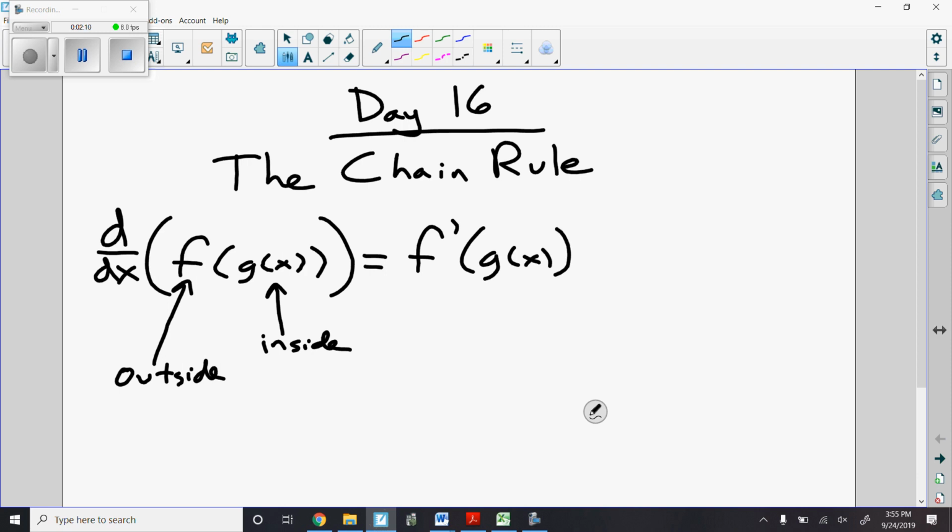So it's the derivative of the outside with respect to the inside multiplied by the derivative of the inside. So again, this is the derivative of the outside with respect to the inside times the derivative of the inside. I'm going to write down those words on here as well so you have them for your notes.